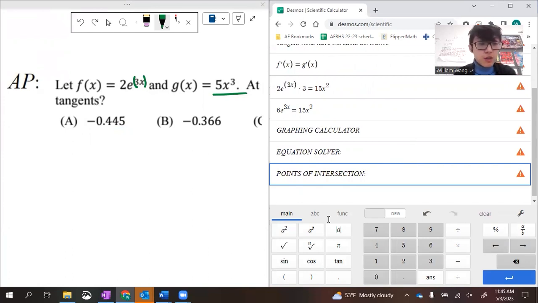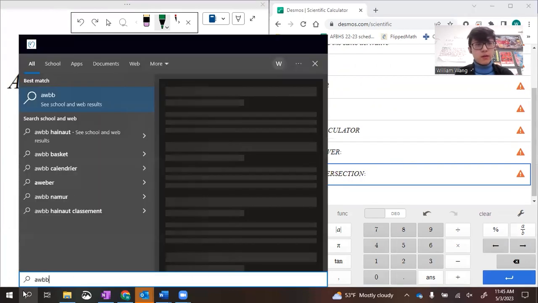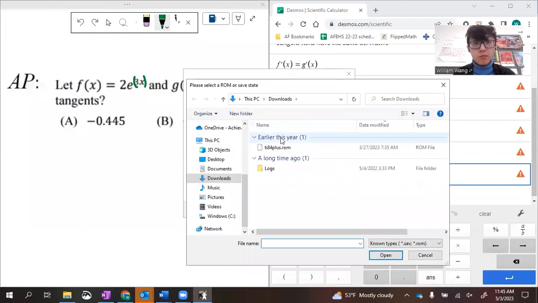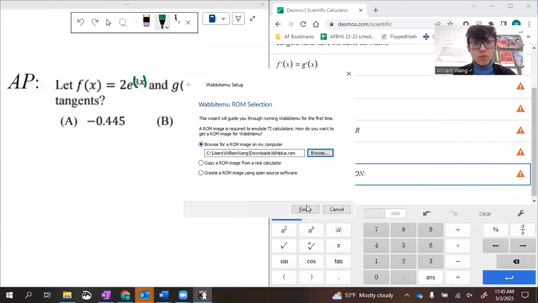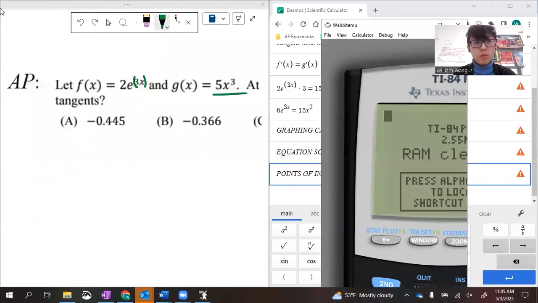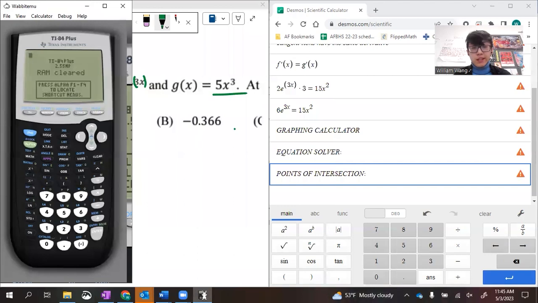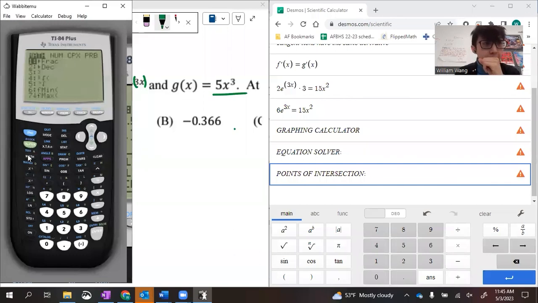All right, but let's first use the equation solver. All right. So solving this equation. All right, so you're going to go to math, go all the way down, and you click solver.